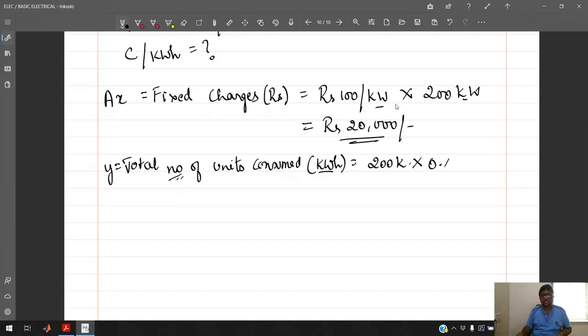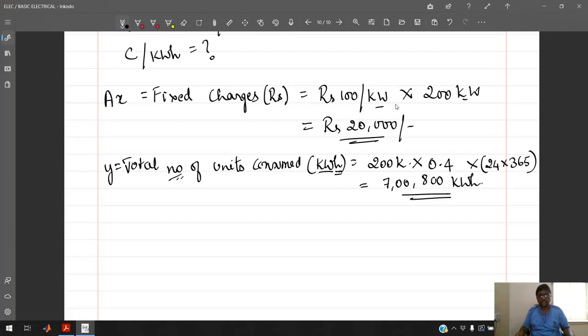So VI cos phi is the power consumed, into the number of hours the energy is being used. If you are calculating for a year, it is 365 days into 24 hours. If you multiply 200 kilowatt into 0.4 into 24 into 365, you will get the total energy consumed, which is roughly 7 lakh 800 kilowatt hour.